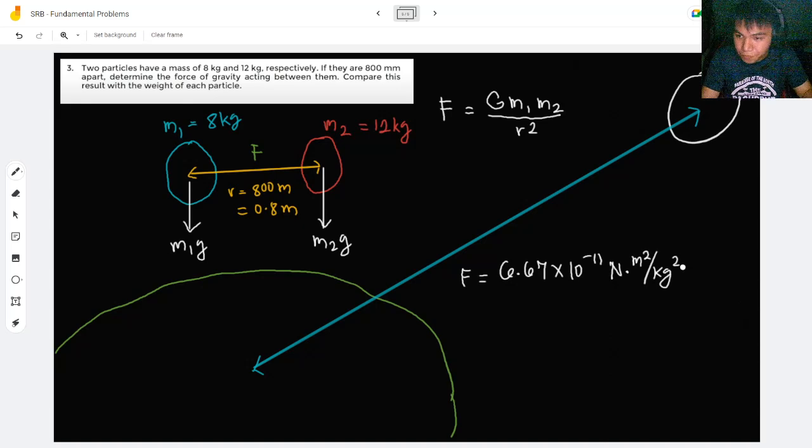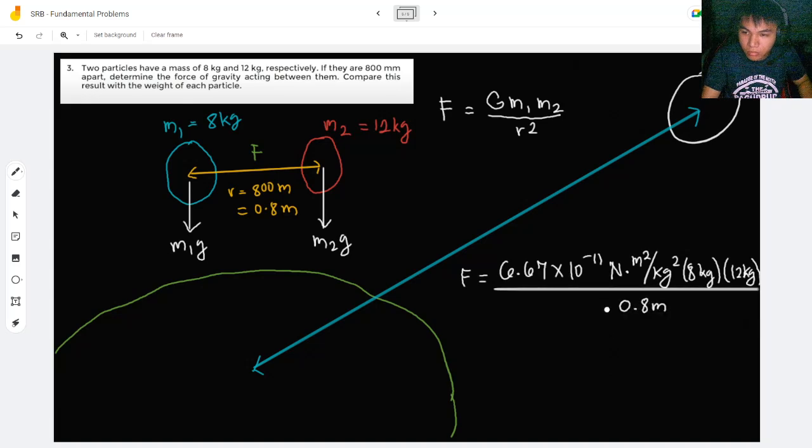And then we multiply it by our m sub 1 and our m sub 2. Let's try if it fits. Probably will. And then let's put distance 0.8 meters squared.